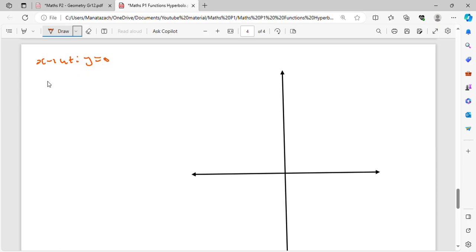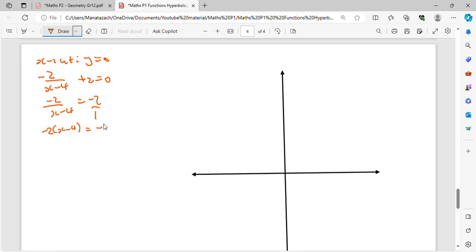For the x-intercept, you're going to say y is equal to 0, as we did with the first question. So from here on, you cross multiply.